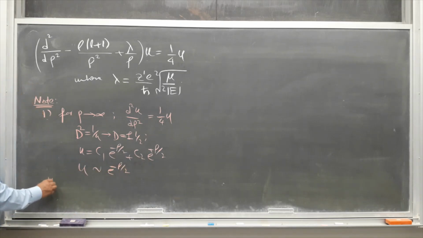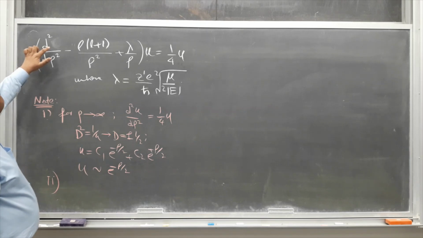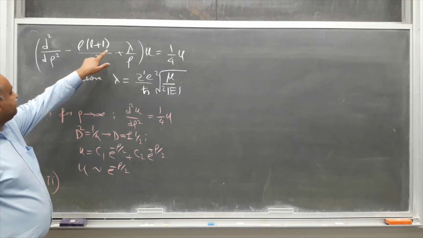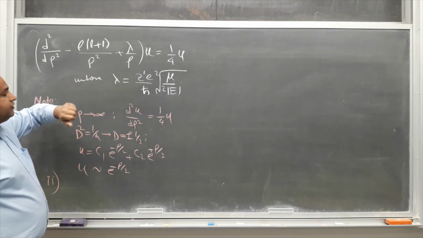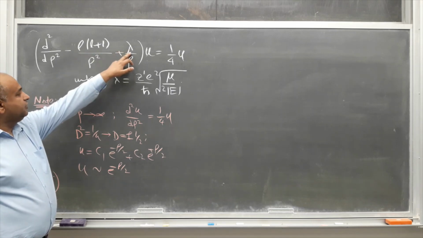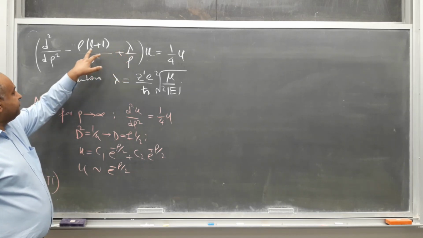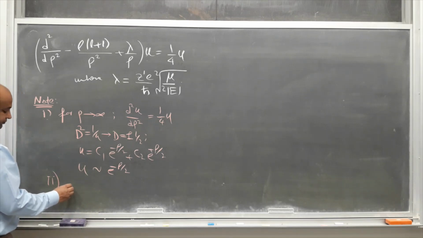The second observation I can make by looking at the equation is that my u has to be such that when I take its double derivative and divide it by rho square, I should have the same function with, let's say, L into L plus 1 with it. Since this lambda is a constant, with this term we can adjust, but with these terms, it has to be of this type.